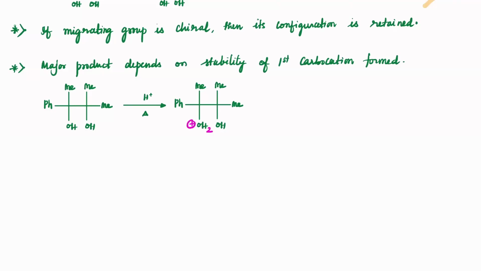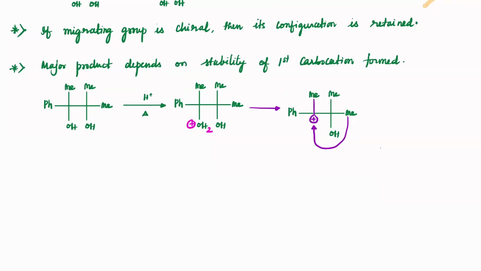If you push it further, what is the product you will get? This OH2 will go away, and this is the positive charge which you will get. Thereafter, methyl will migrate from here to here.